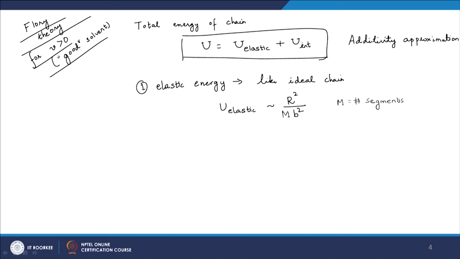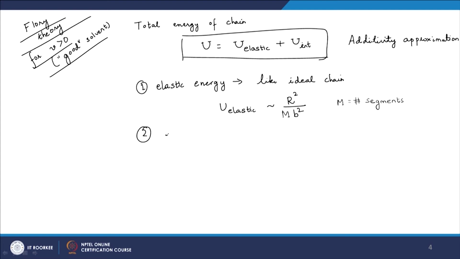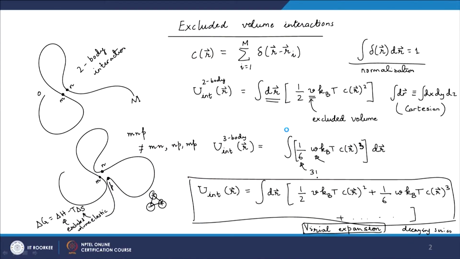So, although the chain has a non-bonded interaction, we still think of it as having the elastic energy component the same as that of an ideal chain. And then separately we look at the excluded volume interaction. Here again, in fact, we should do the integration that we have discussed earlier, but we will make two approximations to make things easier and avoid any kind of integration.